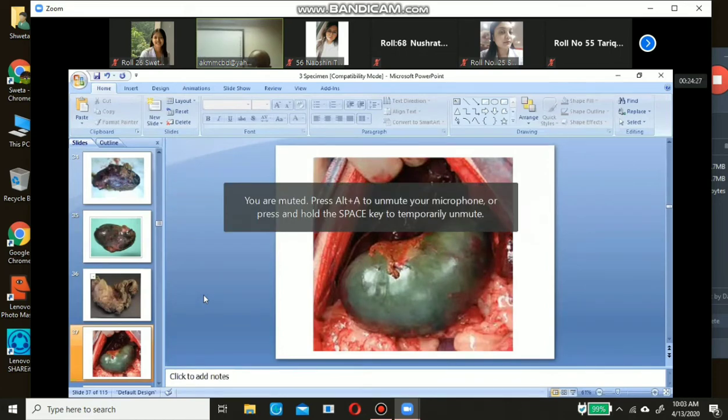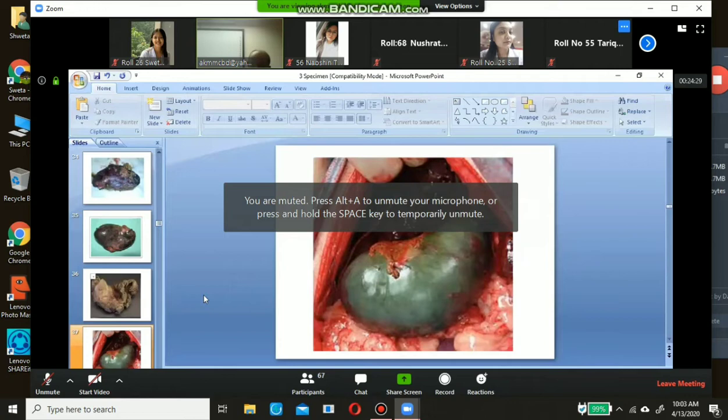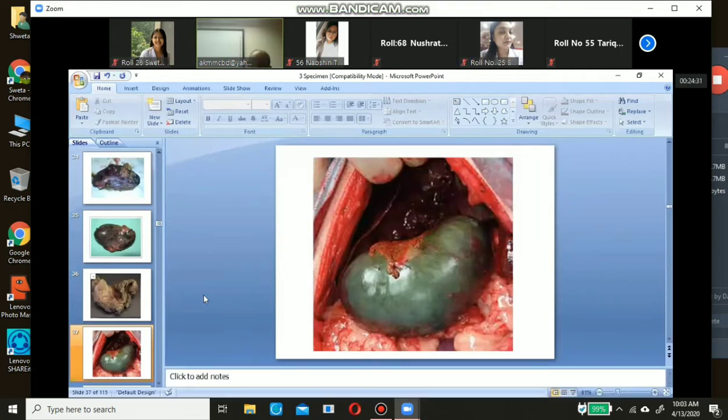What is the color of bile? Greenish. Good. The greenish color bile can be seen through the gallbladder wall. Because the gallbladder wall has become very thin and transparent, we can see the bile within the gallbladder.